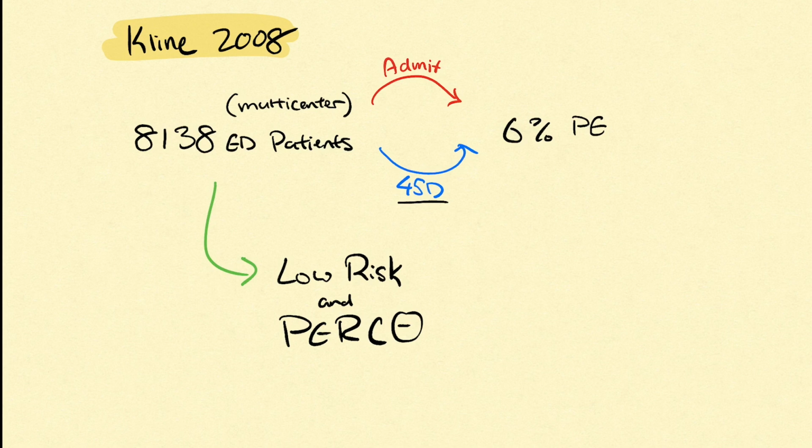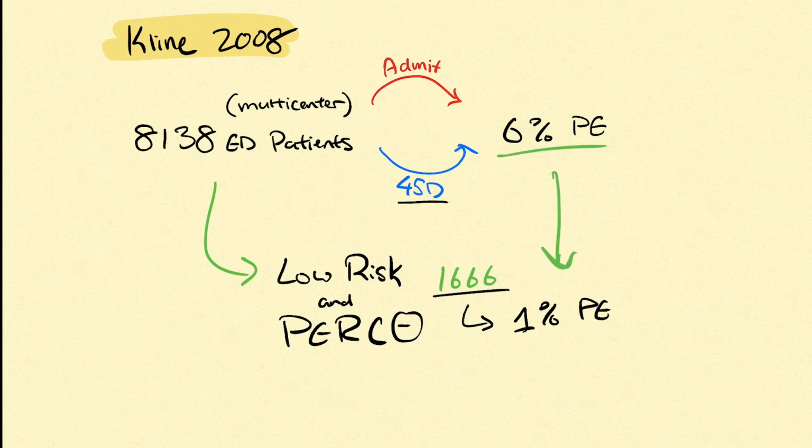So out of here, you have 1,600 patients that fulfill that criteria. And in this population, you had a 1% risk of PE, right? So we brought an overall population that had 6% PEs down to 1%.